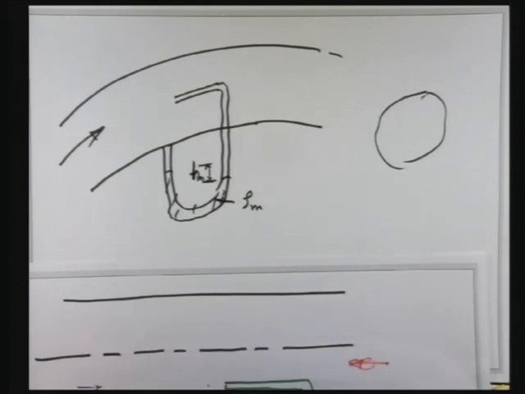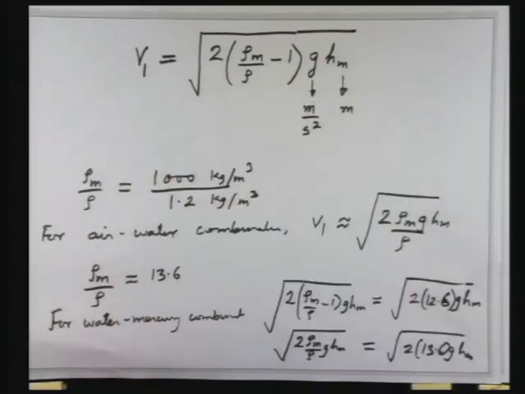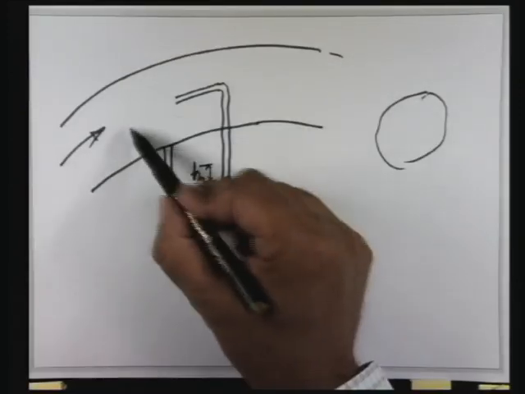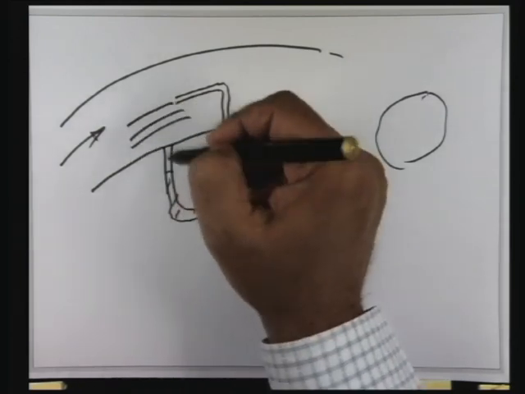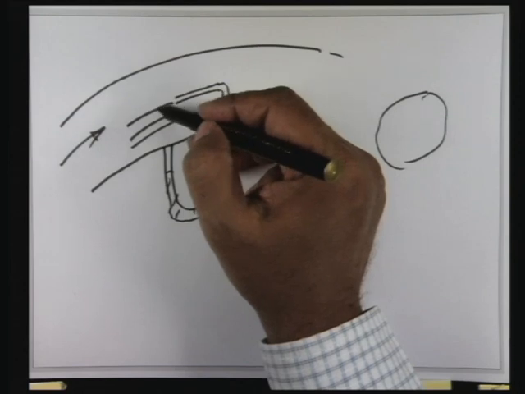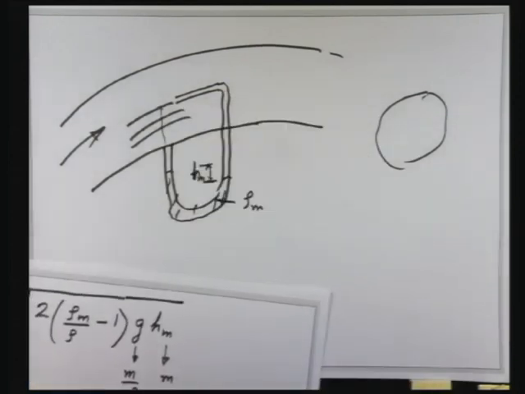The relation which we used earlier cannot be used to find the velocity here, because now the streamlines are curved. So because of this centripetal acceleration or centrifugal force, the variation of pressure in the direction normal to it will not be linear anymore.